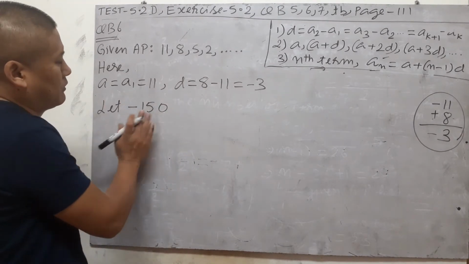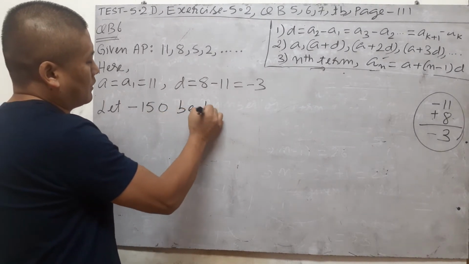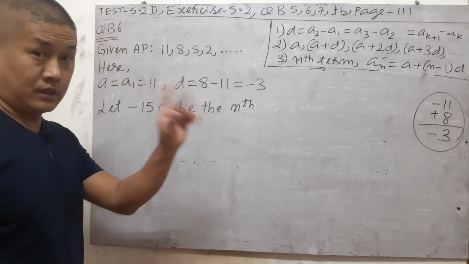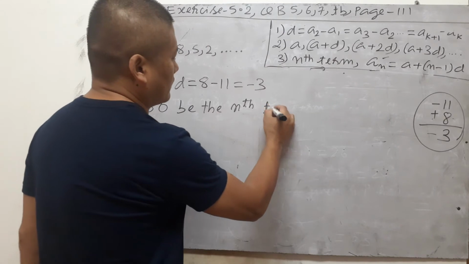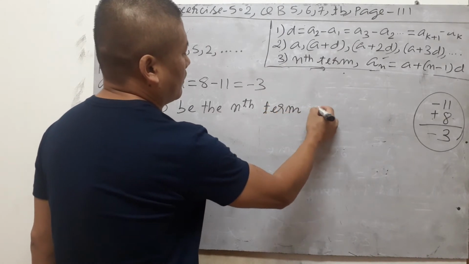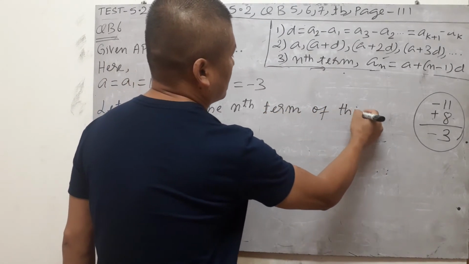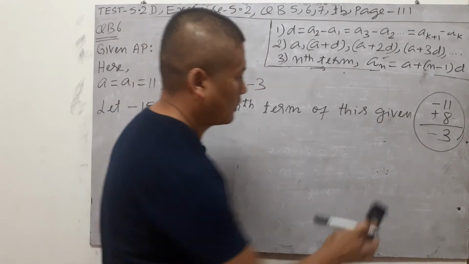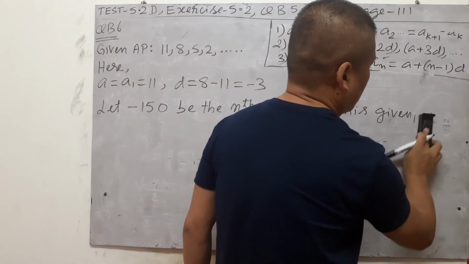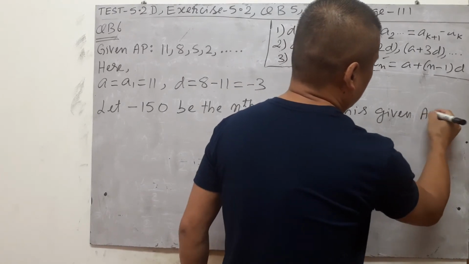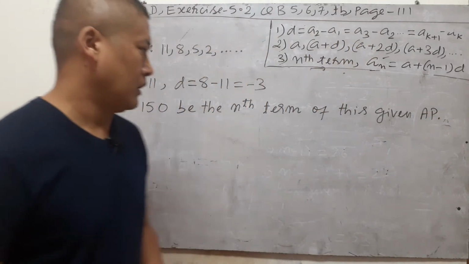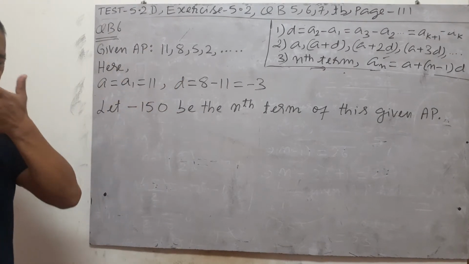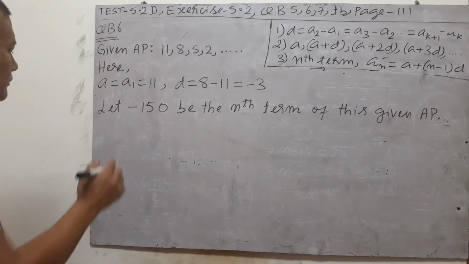Let us say minus 150 is the nth term, the last term, of this given AP. So let us say that yes, minus 150 is inside. Let us check it that way and see whether it fits or not.